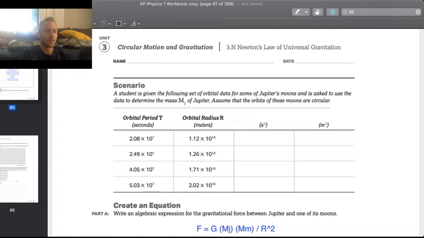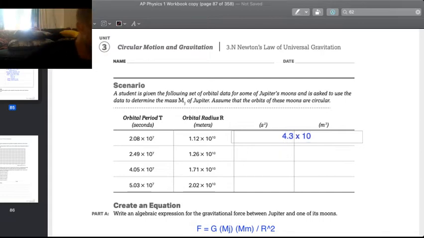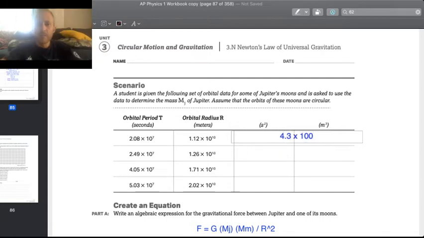So I'm going to square that, and I get 4.3 times 10 to the 14th for period squared, and then 1.12 times 10 to the 10th.